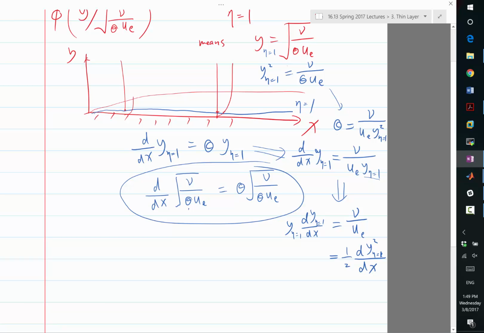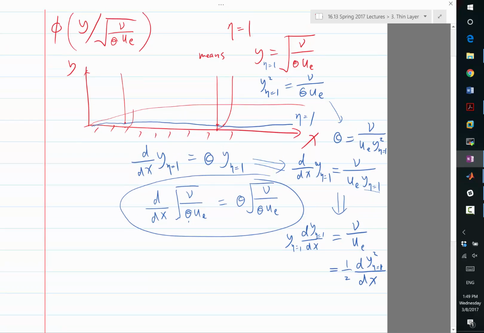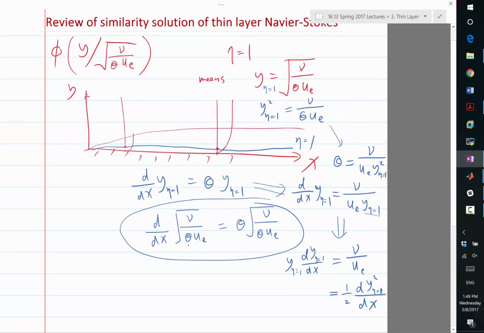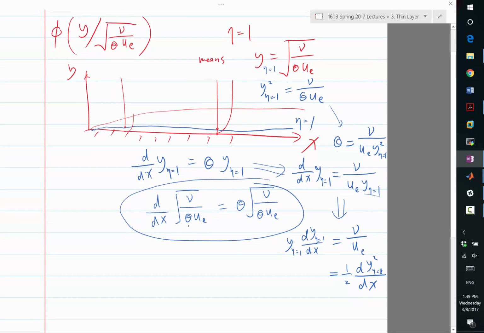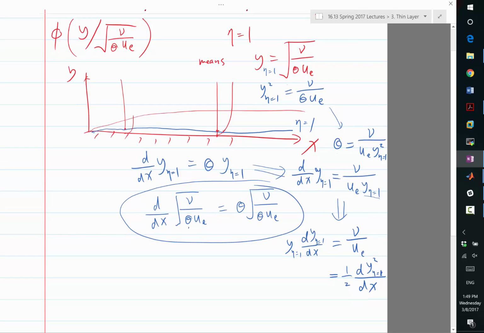So that's what gives us, just from the dimensionality analysis, how a similarity solution, in the case of the Blasius equation, would grow as a boundary layer in x. Okay, and it also tells me if it started with the leading edge, so that is the leading edge, then my y is going to be 0 in the beginning.